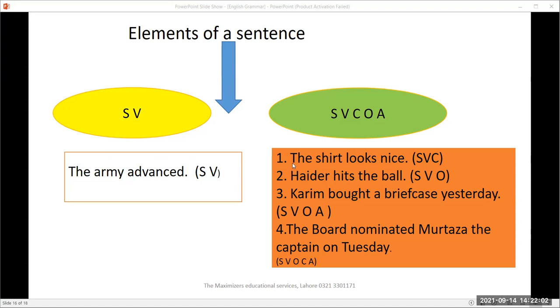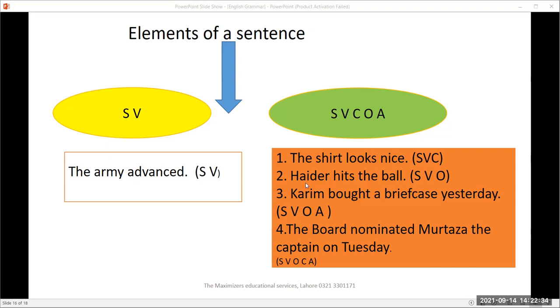Now, the shirt looks nice. The shirt is the subject, looks is the verb, nice is the quality. According to the formal label, we will call it an adjective, but according to the functional label we call it a complement because it is adding to the meaning of the shirt, which is a noun.